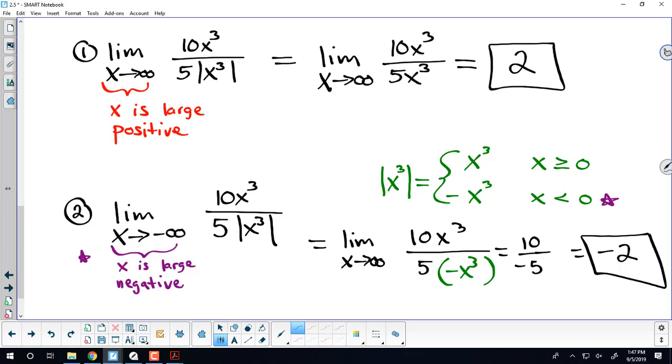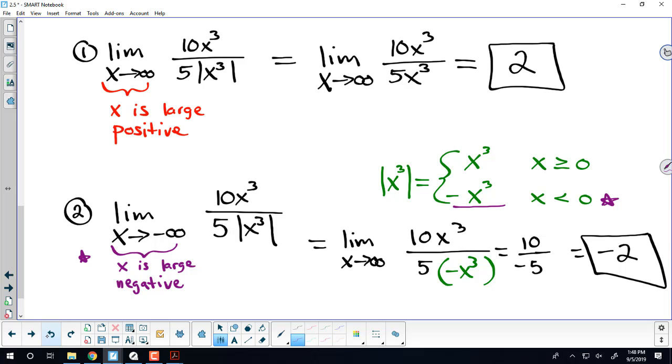Technically, the absolute value of x cubed is negative x cubed if that input is negative, which it is because it's a large negative number. So that's the absolute value of x cubed turning into the negative x cubed.